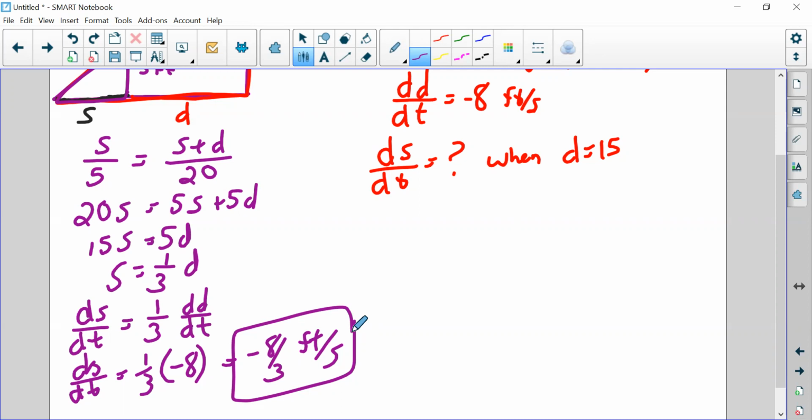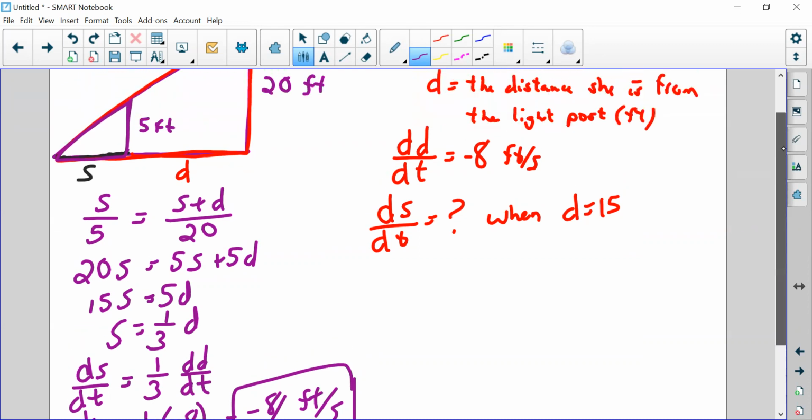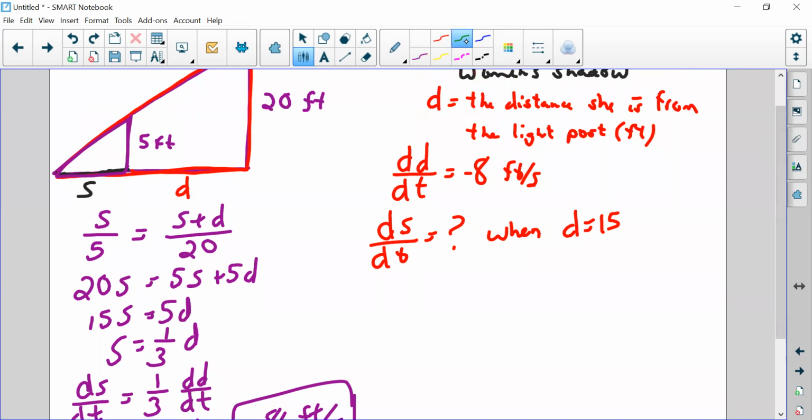Now, B asks us to find at what rate the tip of her shadow is moving. So I'm going to add another variable here. I'm going to let big T equal the length of the tip of her shadow. So that's going to be that total distance there.